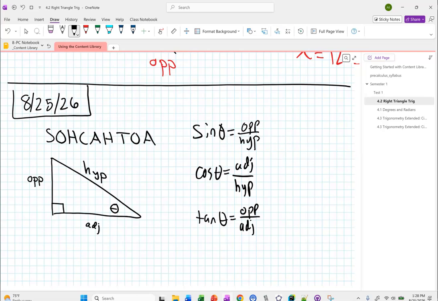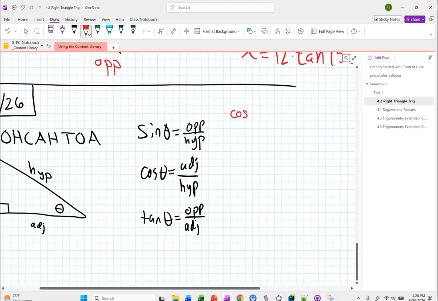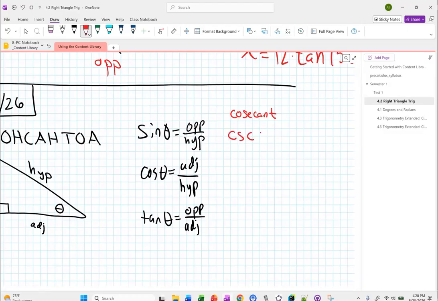So those guys all have names. We have cosecant, which is abbreviated as CSC, which is hypotenuse over opposite. We have secant, which is abbreviated as SEC, which is hypotenuse over adjacent.